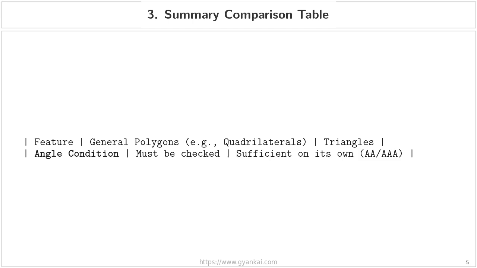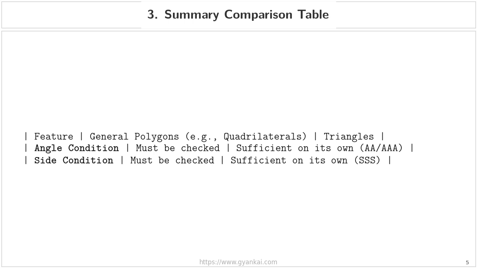If we look at the first row, which focuses on the angle condition, for general polygons like the quadrilaterals we looked at in the previous slide, you cannot skip any steps. You must manually check that all corresponding angles are equal. However, for triangles, the angle condition is sufficient on its own. This means if you find two equal angles, or what we call AA or AAA, you've already done the work.